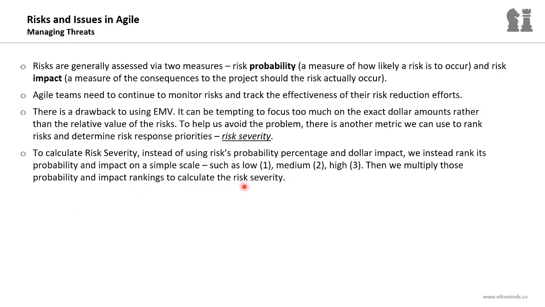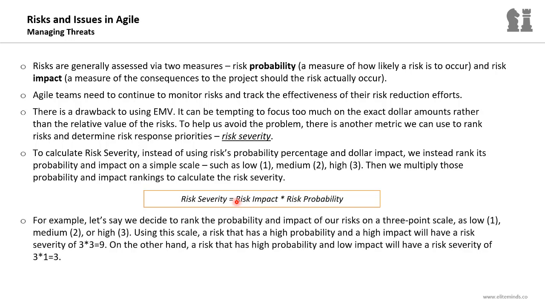So the risk severity is more subjective than the expected monetary value. The expected monetary value is a math formula. Here we will provide a rating for the probability and a rating for the impact, and we will multiply both ratings to determine the risk severity. So the risk severity is the risk impact rating multiplied by the risk probability rating. For example, let's say we decide to rank the probability and impact of our risks on a 3-point scale.